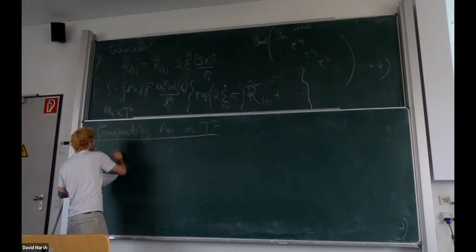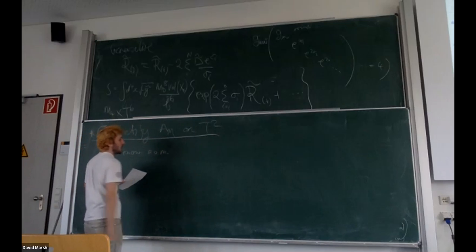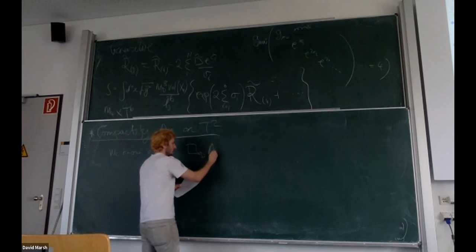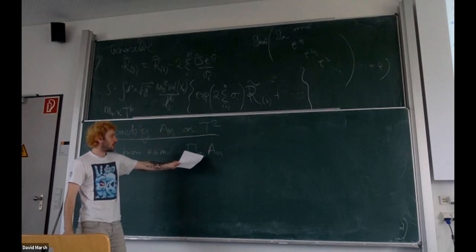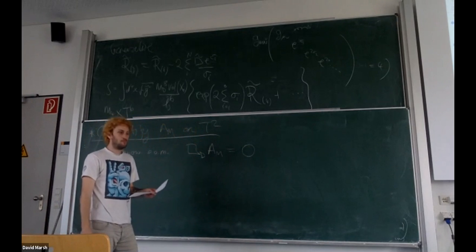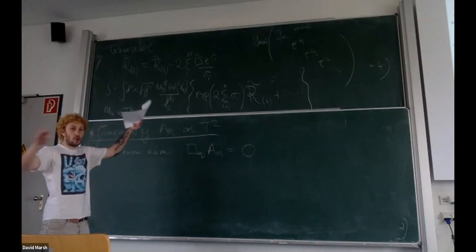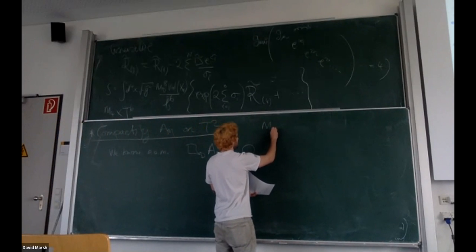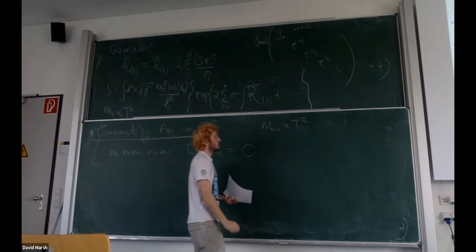So we know the equation of motion that we get from the Maxwell action in a particular gauge is just box_D, where box_D is the D-dimensional box operator, acting on A_M equals 0. Vacuum. This is after gauge fixing. We have this product metric, so we're compactifying M_{D-2} cross T2 as our manifold.